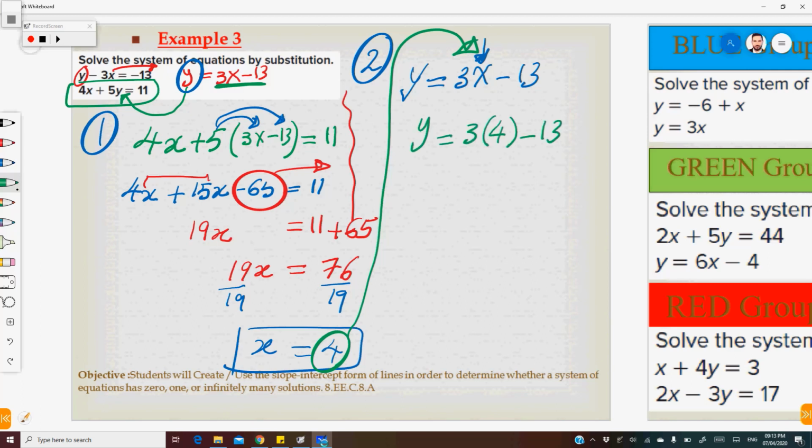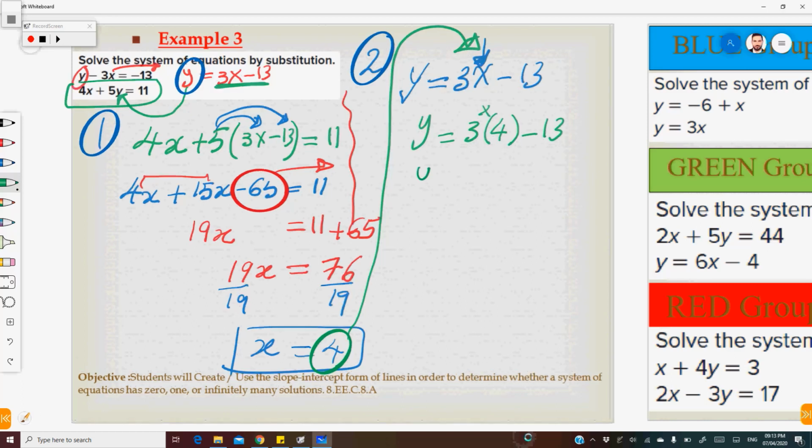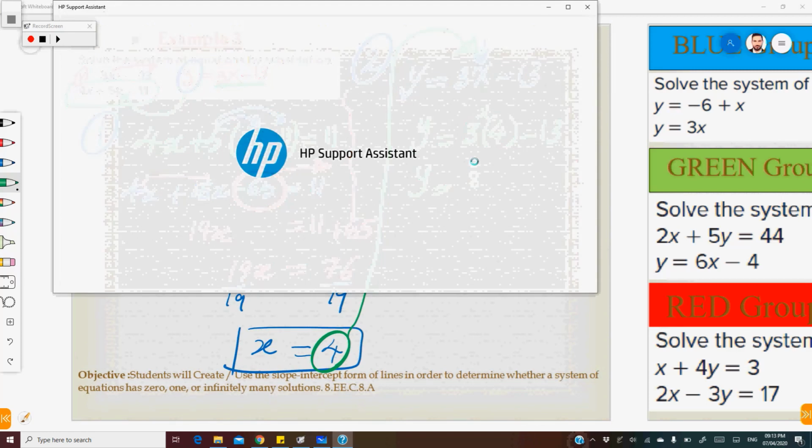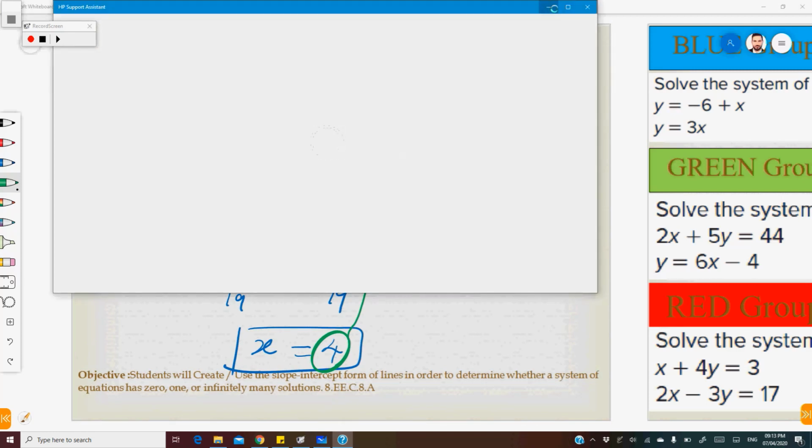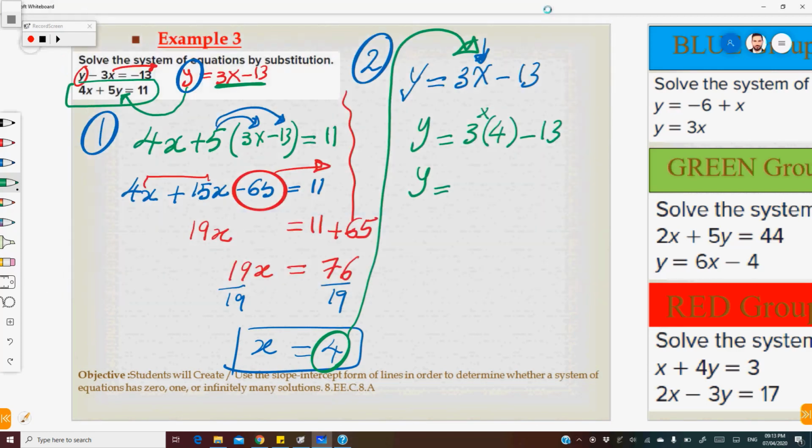You will multiply it by 3. Y is equal 3 times 4. 3 times 4 becomes 12 and minus 13. Y is equal 12 minus 13 is equal negative 1.